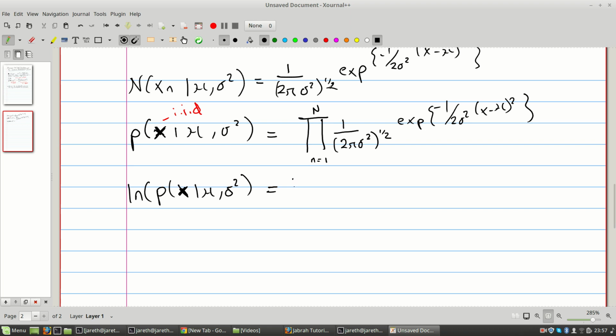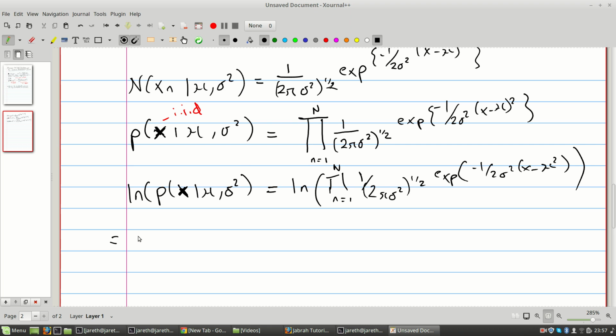Let me write it again so that it's easy to follow. This is to the power of a half times the exponent of minus 1 over 2 sigma squared times x minus mu squared.